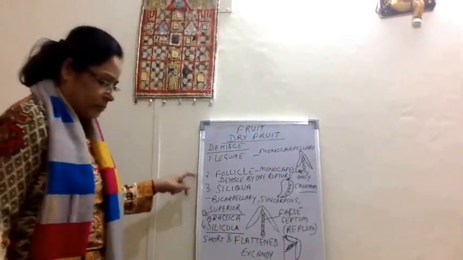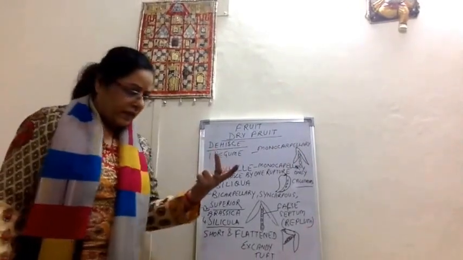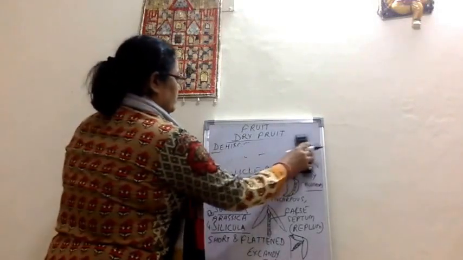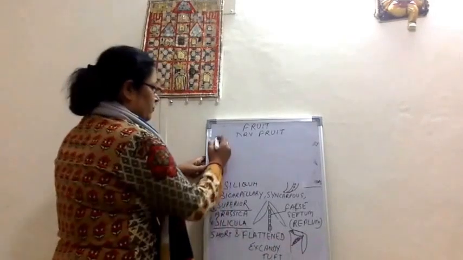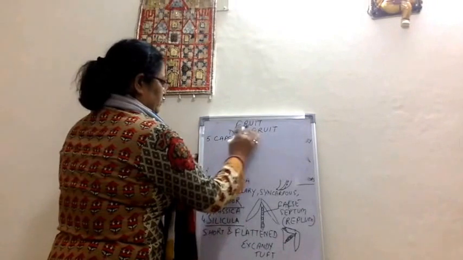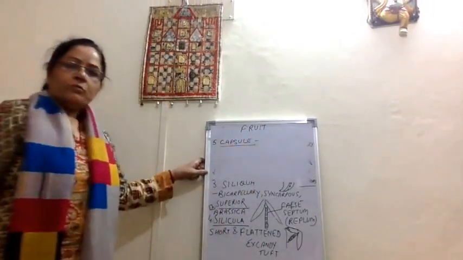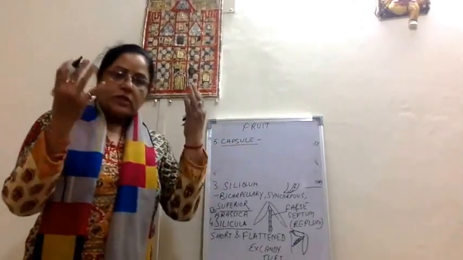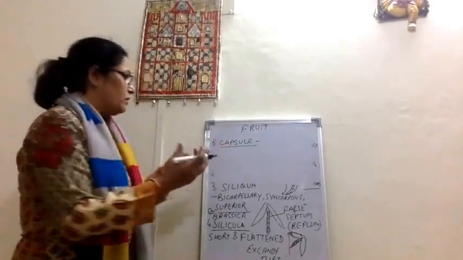And last is capsule, like in cotton boll. Fifth is capsule. Capsule, as in cotton boll. It is from a syncarpous pistil, superior or inferior ovary.